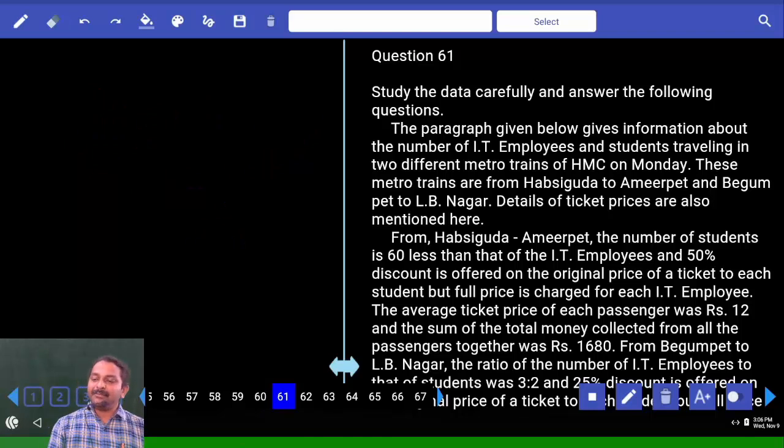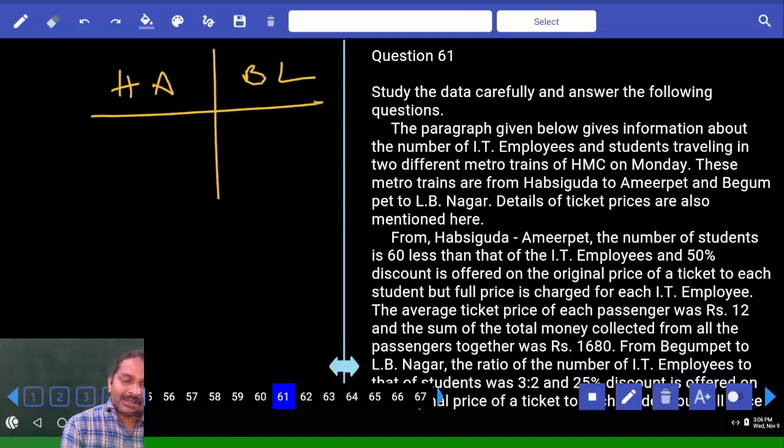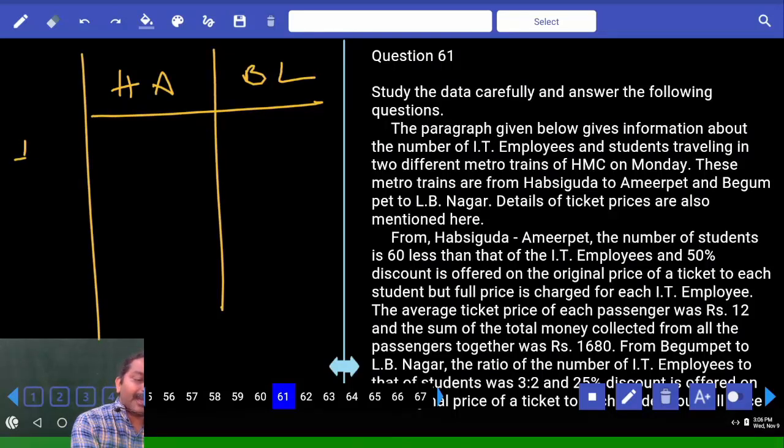The paragraph given below gives the information about the number of IT employees and students traveling in two metro trains of HMZ on Monday. These two metro trains are from Hapsiguda to Amirpet, Begumpet to LB Nagar. Now we have IT employees and students.